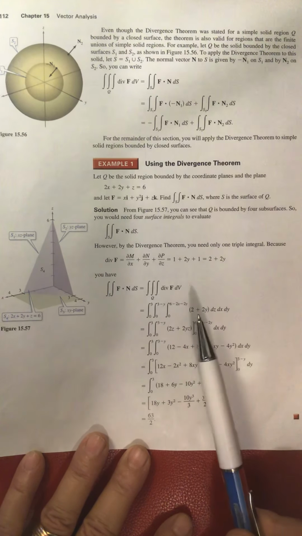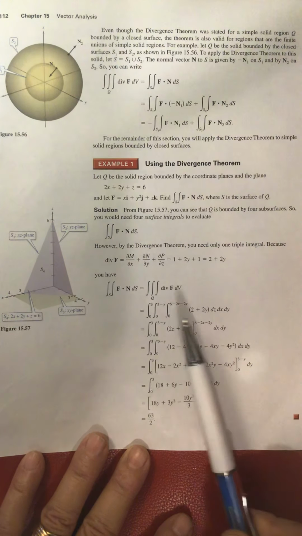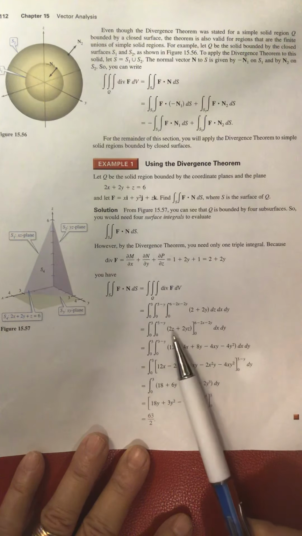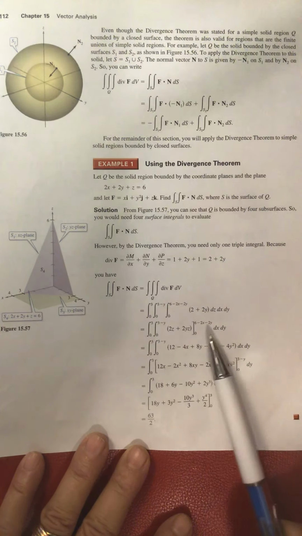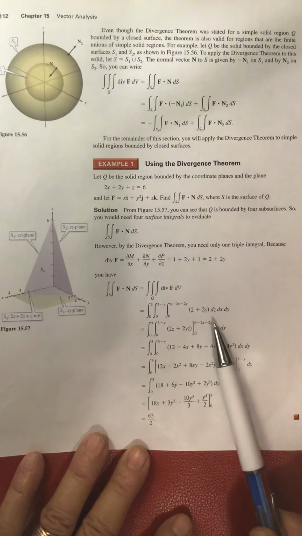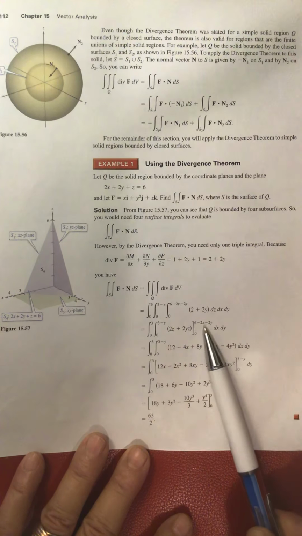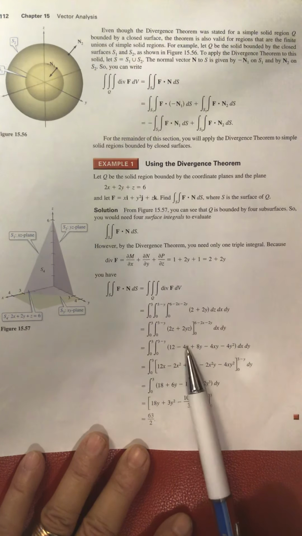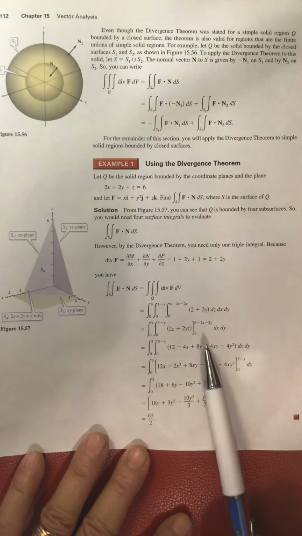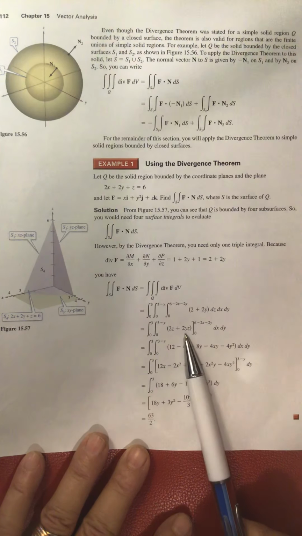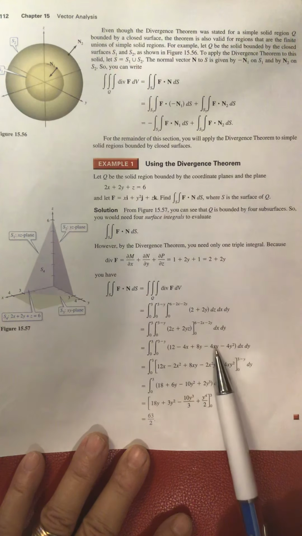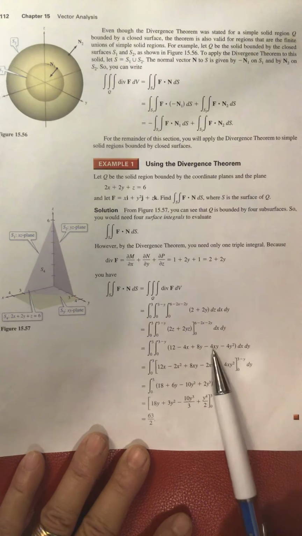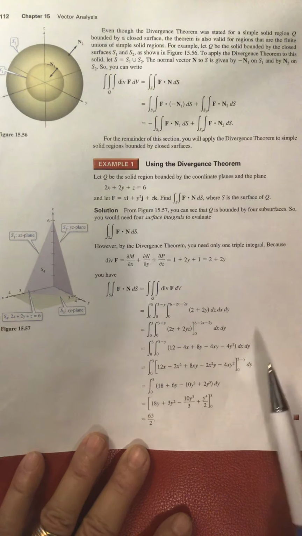So we take the integral of 2 plus 2y, that's a constant with respect to z, so that's going to be 2z plus 2yz from 0 to 6 minus 2x minus 2y. So 2 times that is 12 minus 4x minus 4y. And then 2y times that would give you 12y minus 4xy minus 4y squared.